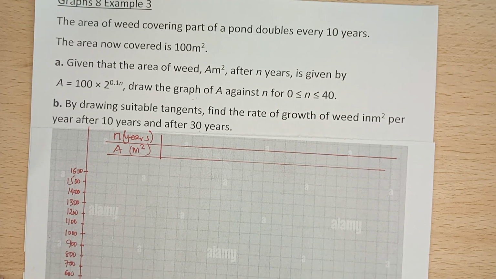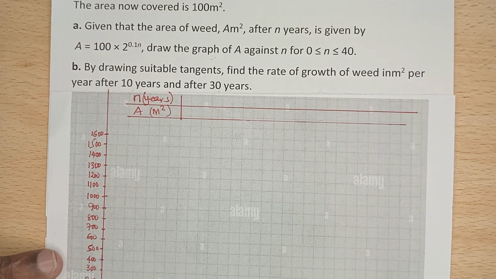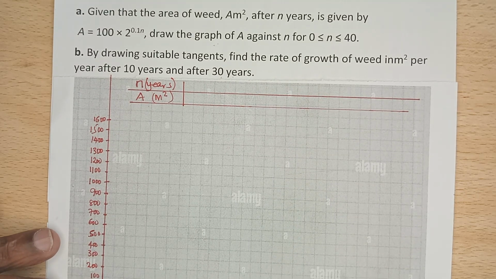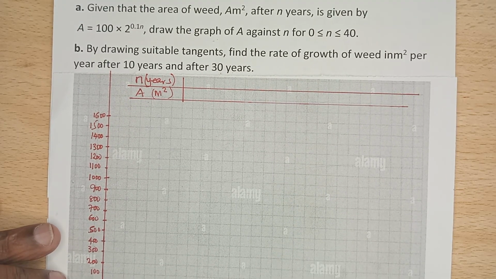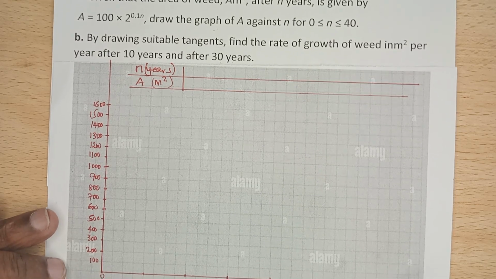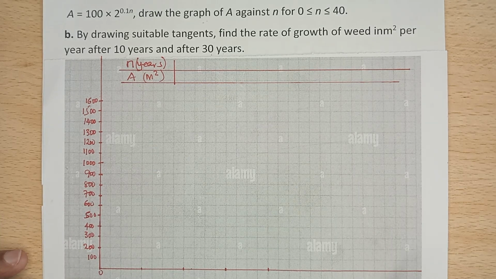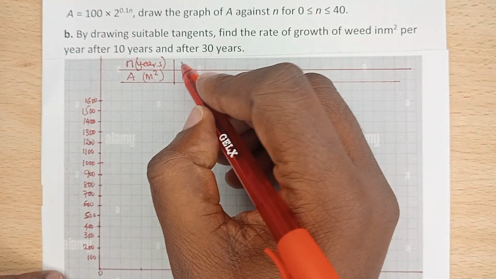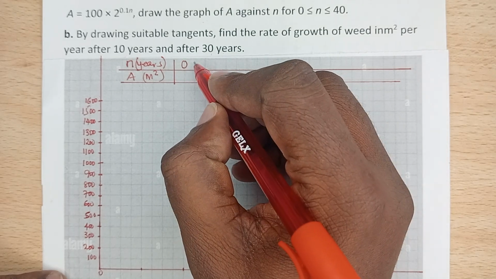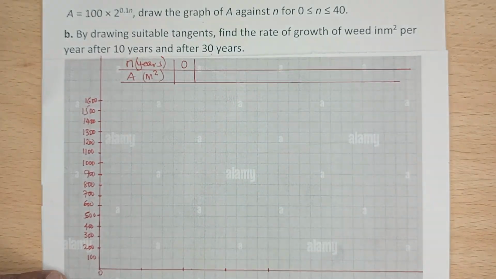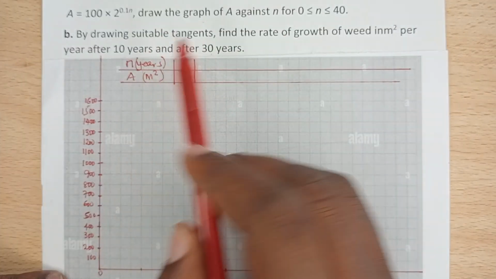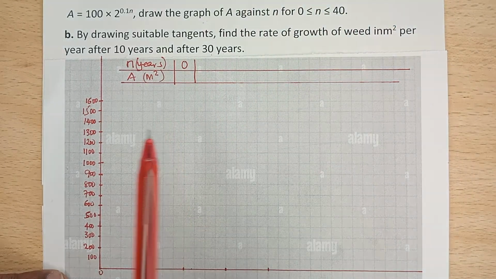Let us do that. Of course, we know A is given by 100 times 2 raised to power 0.1n. Let us talk about that. When n is 0, of course, we are talking about doubling every 10 years.